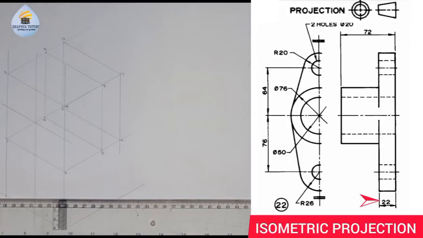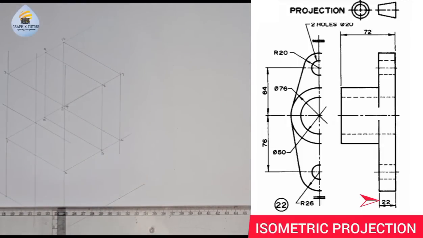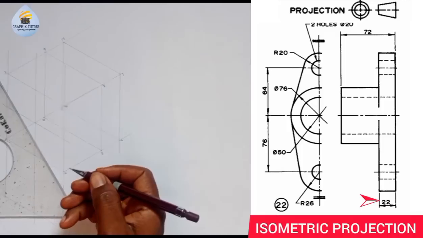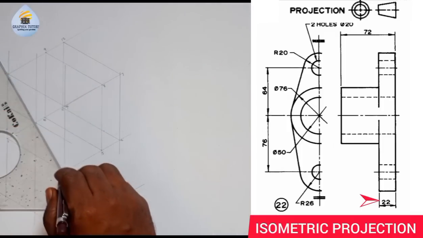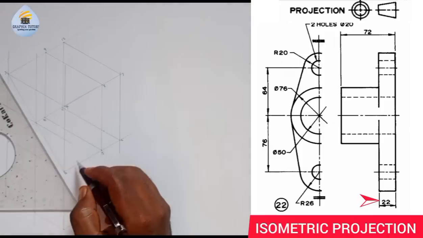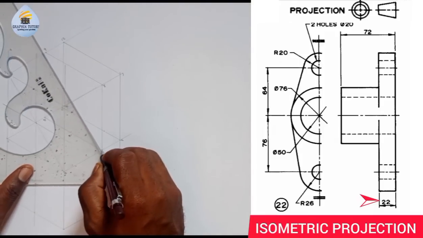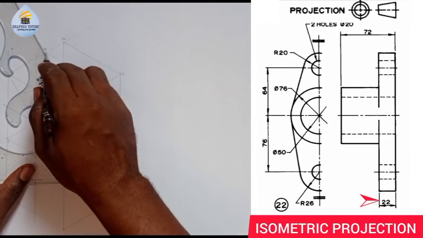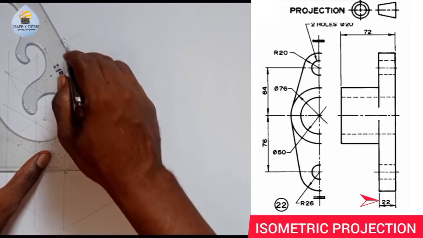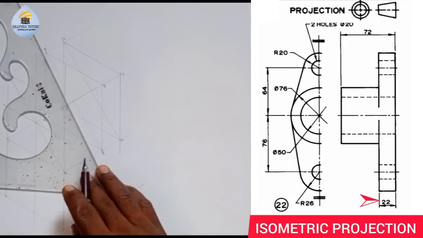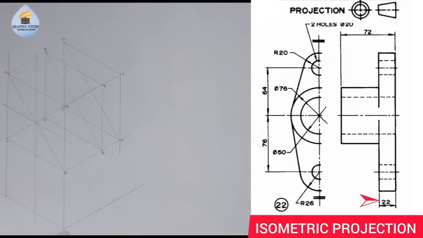So what I'll do is I'll join the diagonals, the longest diagonals. From here, I'll join this. That is 3 and 5, 2, 5 and 9, 6 and 12. Hope you can see that. I have joined the longest diagonals.